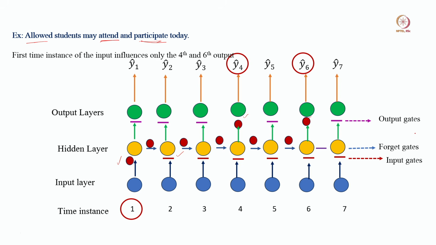Then you have the output gates, where whichever time instance requires the previous information, it flows through, and the others are closed. So, this is how the gates in the LSTM architecture work.